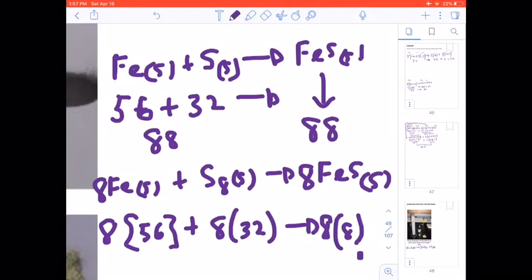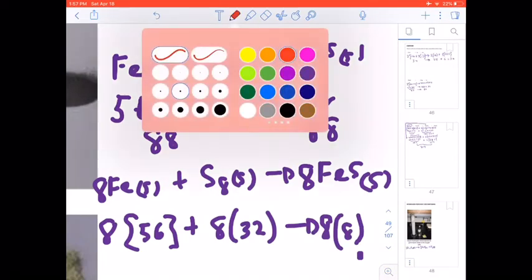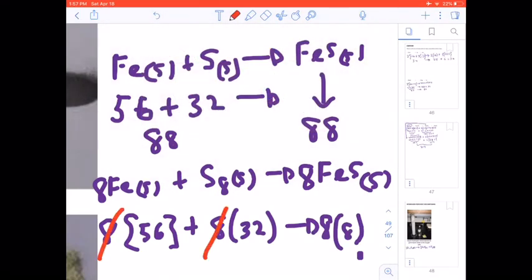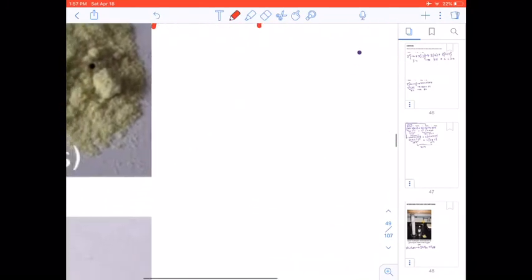So if you really look at that, and I cancel that out, cancel that out, then the ratio is the same. Okay?